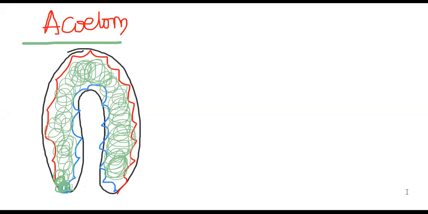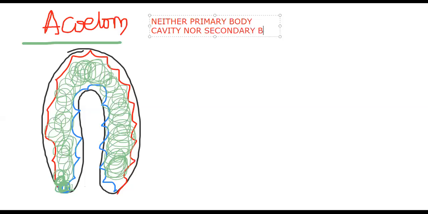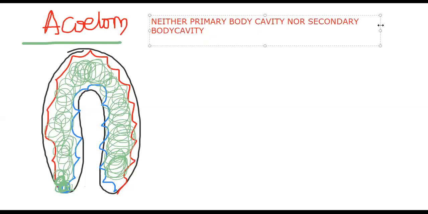Actually, a secondary body cavity needs to be formed here, but whatever cavity is already present is also gone. That's why we say in case of acoelom, the straight meaning is neither primary body cavity nor secondary body cavity, because the mesodermal cells close the total cavity.